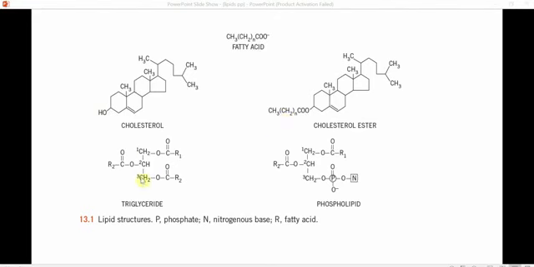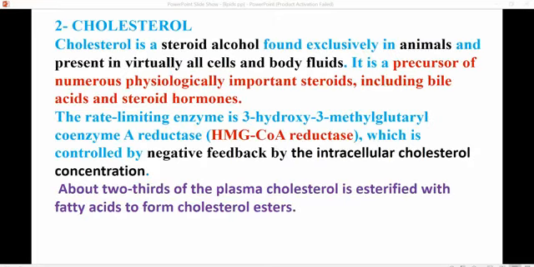Also, glycerol, a trihydric alcohol, can form esters with 3 fatty acids to form triglycerides, or it can form esters with 2 fatty acids and a phosphate group and nitrogenous base to form phospholipids.